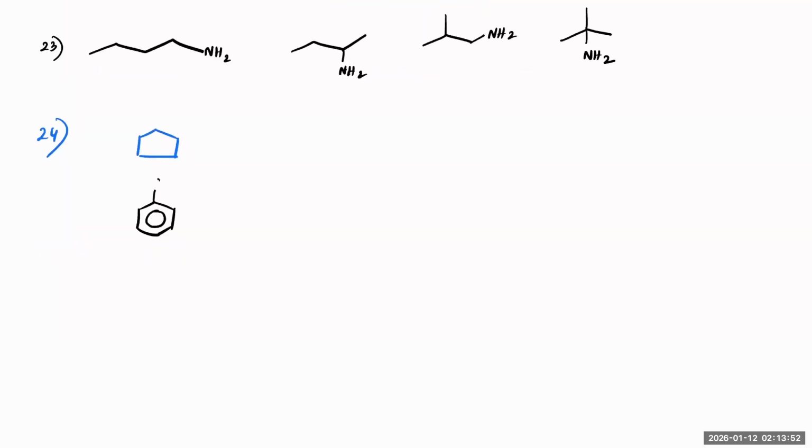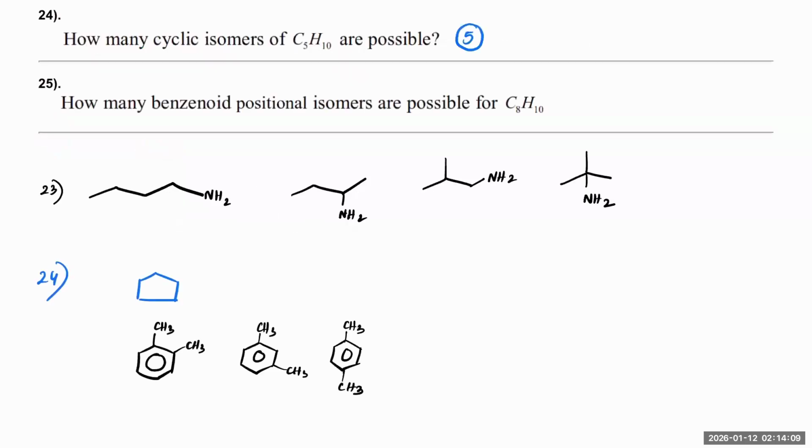That is only possible when you have methyl and methyl here like this. So these two, then CH3, CH3. Now you can see positional changes only. So how many do we find? Three of them. That's it. So the total number of benzenoid isomers we got is three.